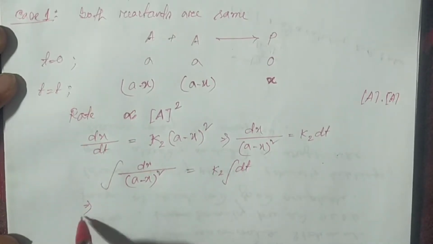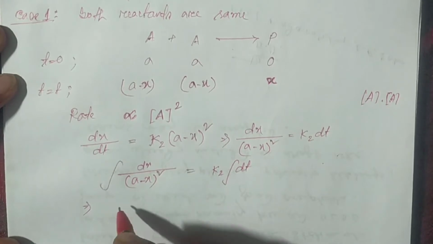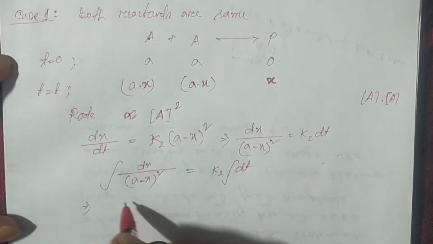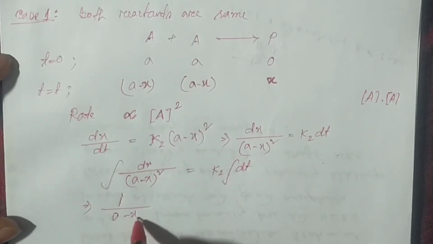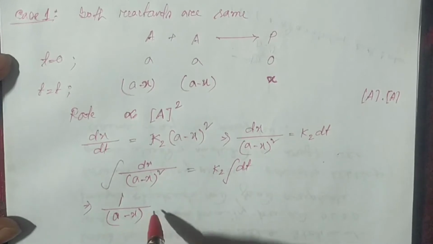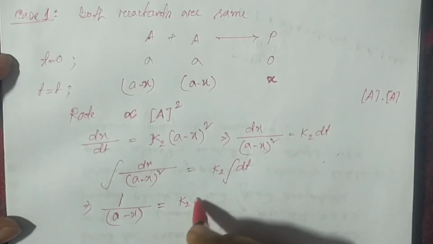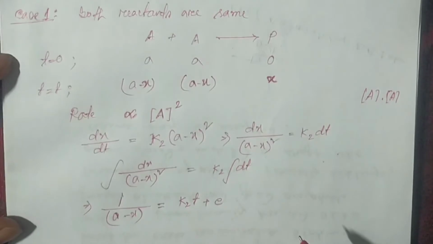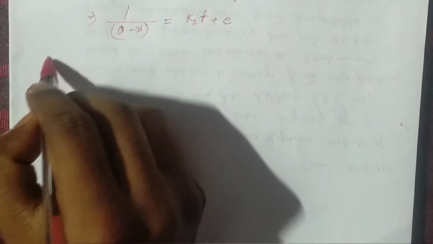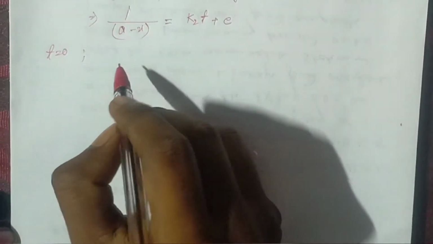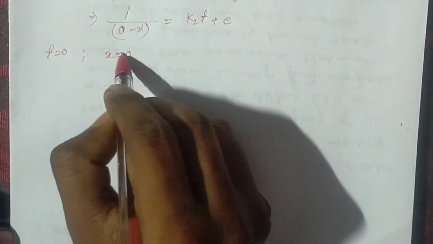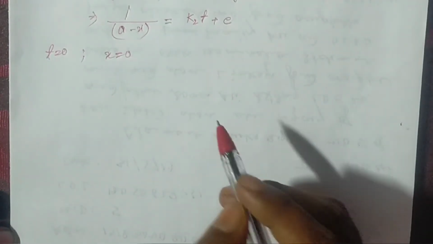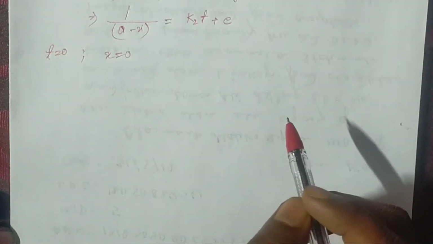1 by (a minus x) is equal to k2t plus c, where c is the integration constant. At the initial state, that means t equal to 0, x will be 0, because when t is 0 there is no product.